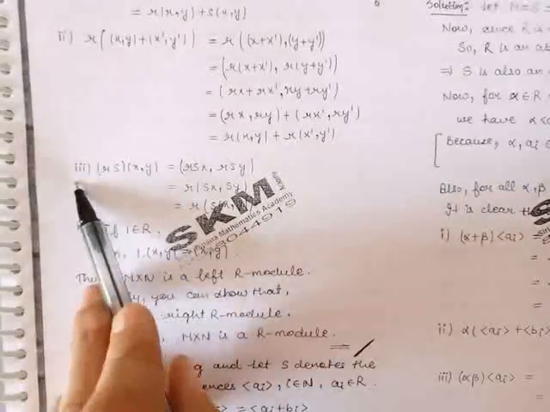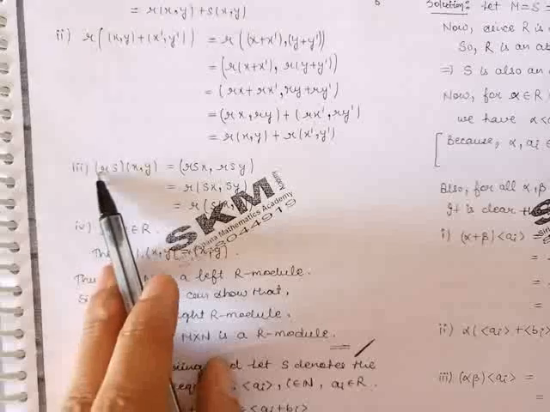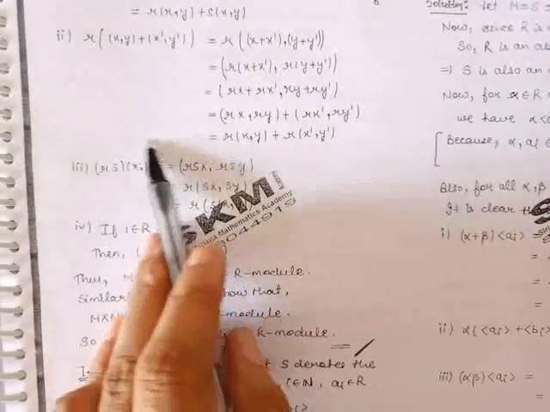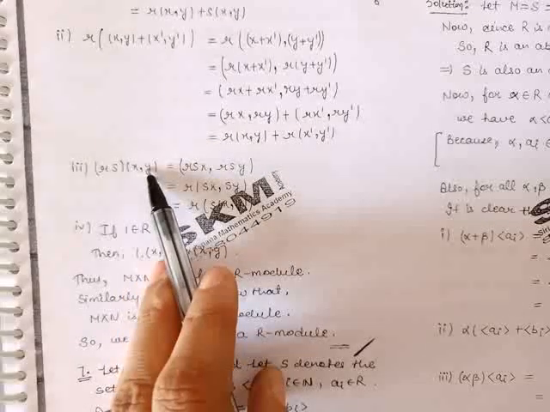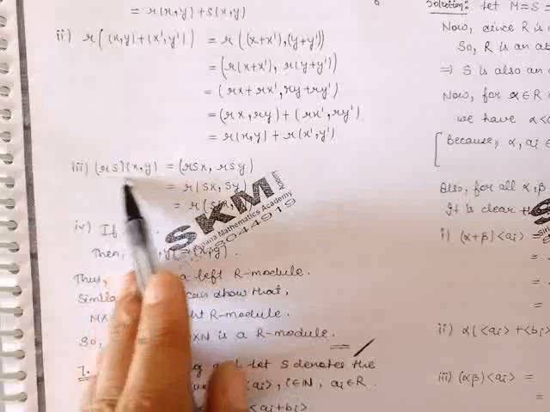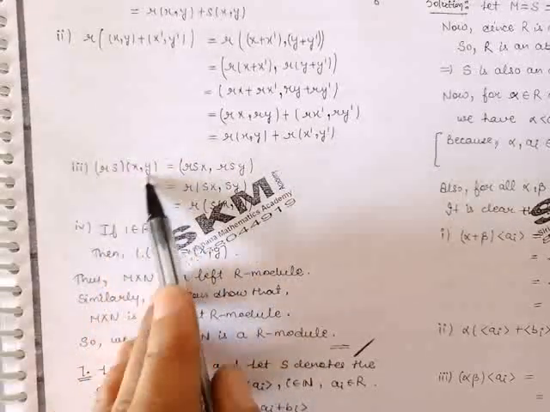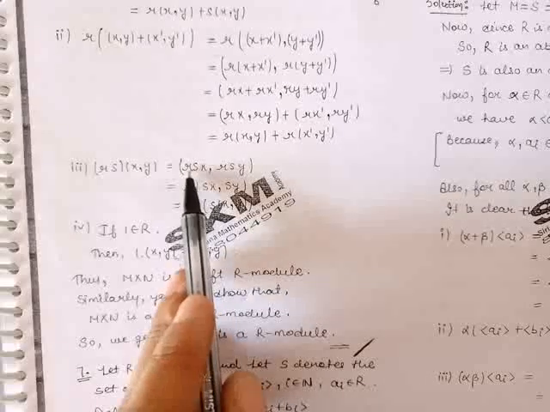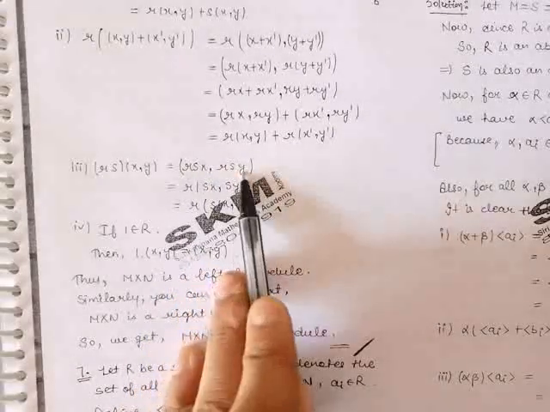In the next condition, we have r and s belonging to the ring R, and the ordered pair (x, y) belongs to M cross N. By definition of scalar multiplication, this can be written as the ordered pair formed by rsx and rsy.